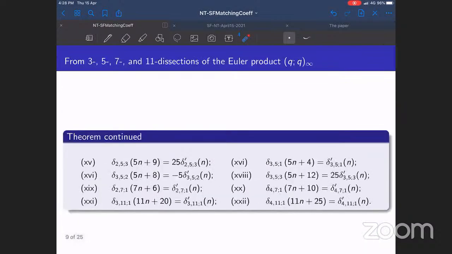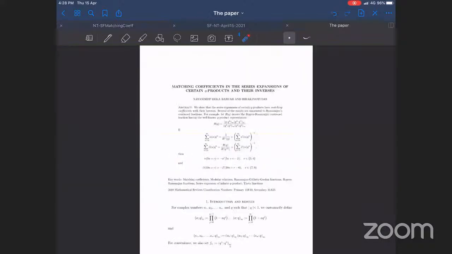Then we have more results of another type.